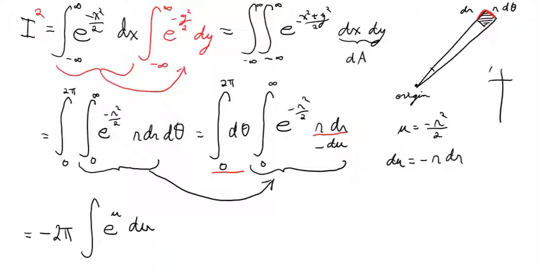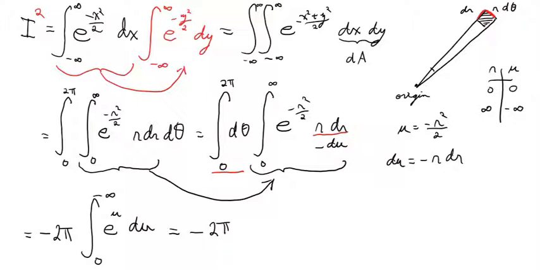Now, if r is 0, then u is 0. So our lower limit is 0. As r tends to positive infinity, u tends to minus infinity. So our upper limit is minus infinity. Now, e to the u power is its own antiderivative.